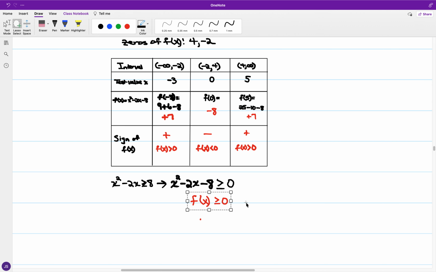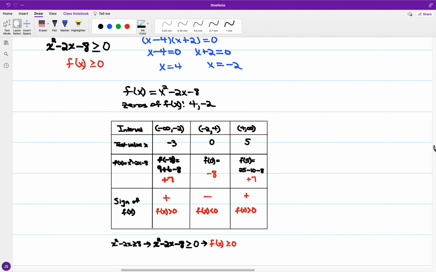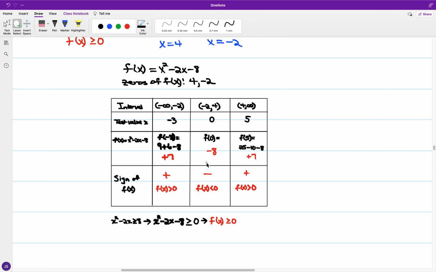Now we're looking at where f of x is greater than or equal to 0, so we're looking at the first and the last interval sections.